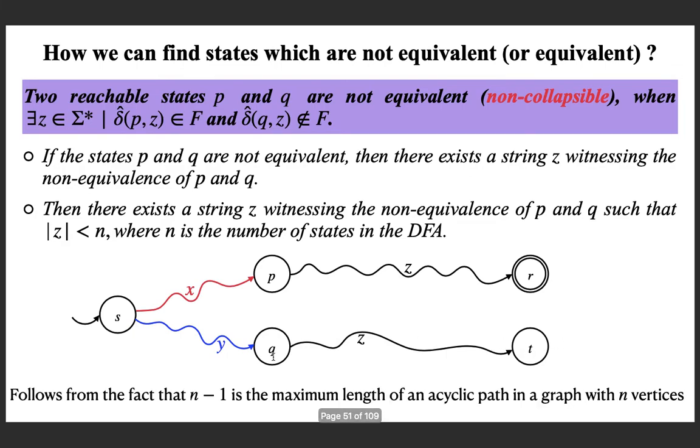Then from the known fact about graphs, that n minus 1 is the maximum length of an acyclic path in a graph with n vertices, we know that the length of Z can be bounded by the number of states in the DFA. Hope you followed it, otherwise please watch it again and see what is going on.